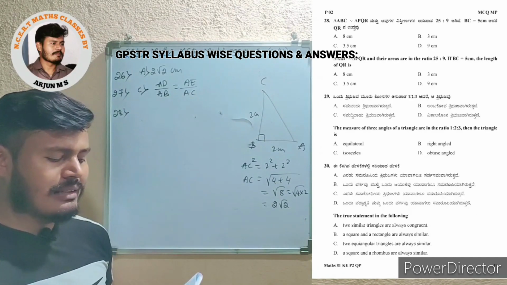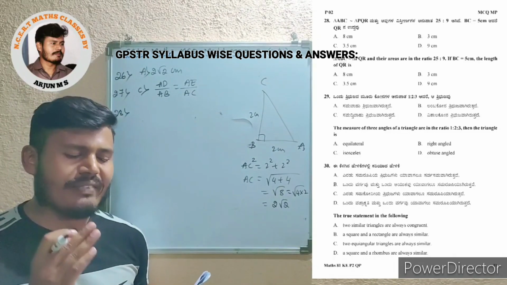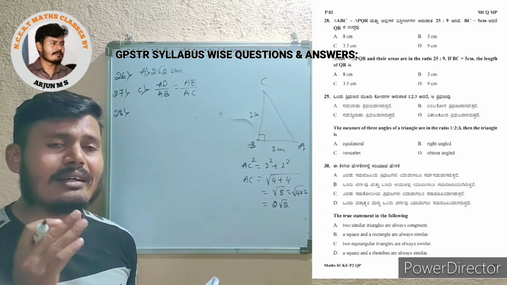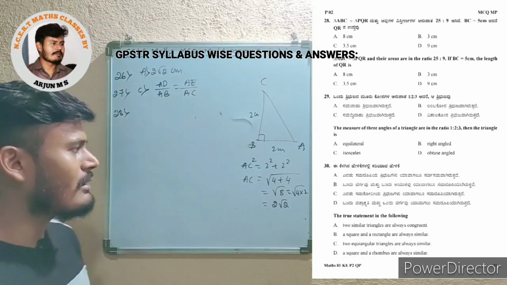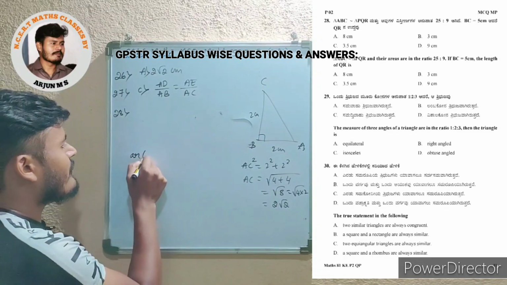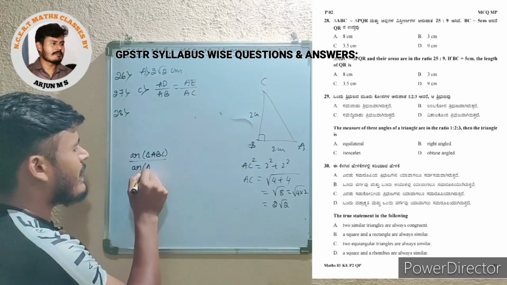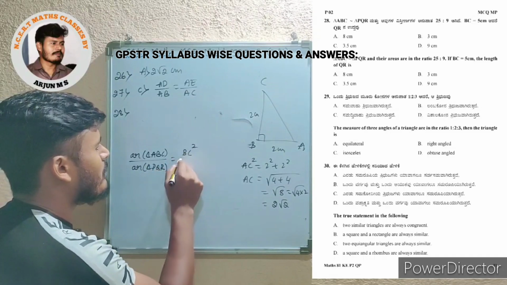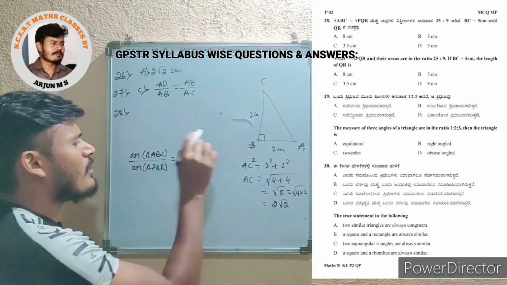Triangle ABC is similar to triangle PQR and their areas are in the ratio 25:9. If BC is equal to 5 centimeter, then the length of QR is. So this belongs to the areas of similar triangles theorem. So area of triangle ABC divided by area of triangle PQR is equal to BC square divided by QR square, or you can write it as BC by QR whole square.